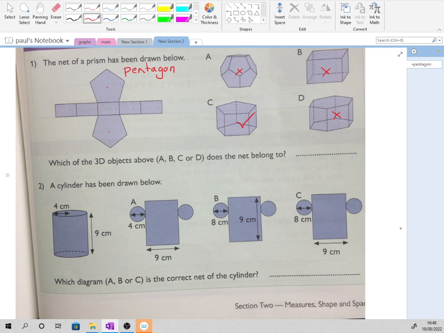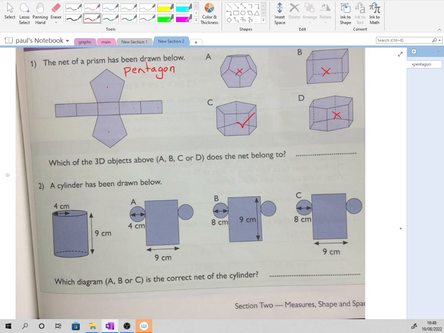Now, a cylinder has been drawn below. Which diagram, A, B, or C, is the correct net of the cylinder? Now, the top and the bottom, that's the radius, isn't it? So the top and the bottom have got to have a diameter of 8.